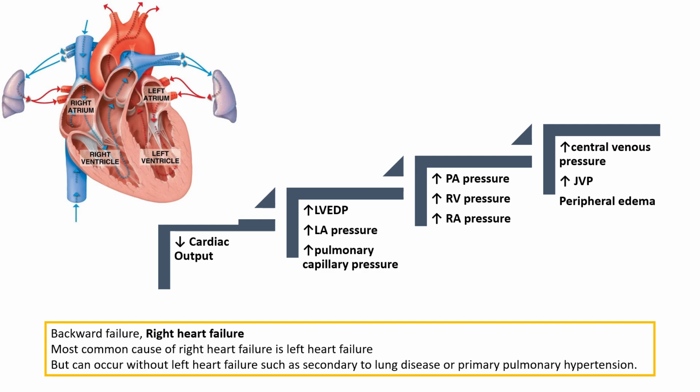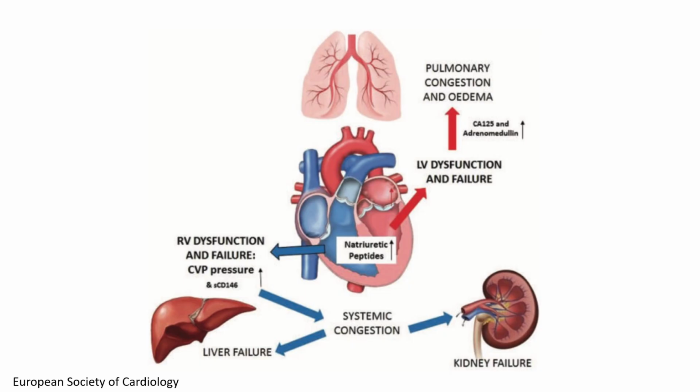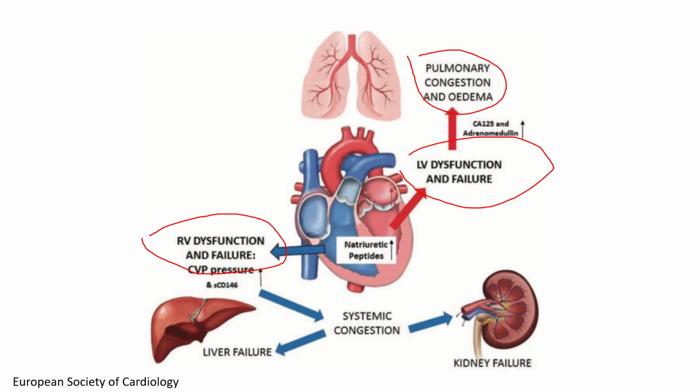Remember that the most common cause of right heart failure is left heart failure, but right heart failure can occur without left heart failure, such as when you have primary problems with the lungs. So therefore, right heart failure can be secondary to lung disease or primary pulmonary hypertension. To summarize, when there is left ventricular dysfunction and failure, this on the one hand will lead to pulmonary congestion and pulmonary edema, but it can also result in right ventricular dysfunction and right ventricular failure.